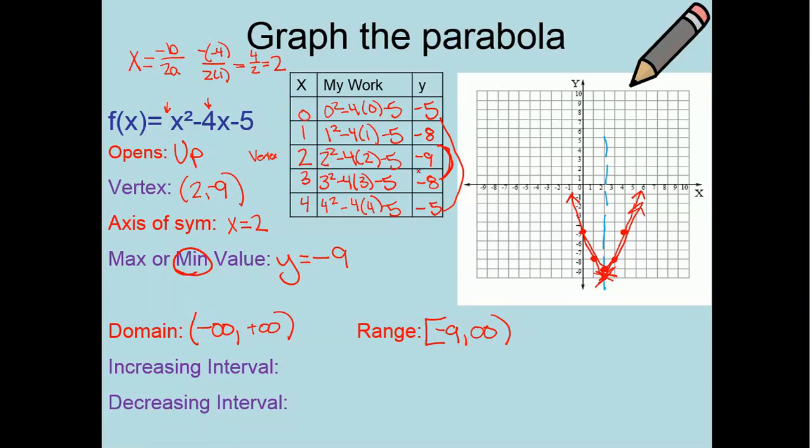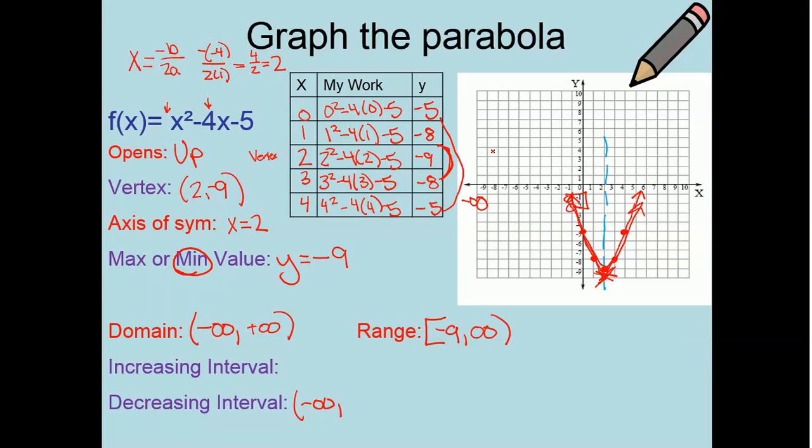Increasing and decreasing. It's coming back again. Remember, we got to think of our car here. Here's my car. So he's decreasing, right? And he starts over here, starting at negative infinity, decreasing. And he stops decreasing at the turnaround point, or the vertex, which is right here. But now you're not going to use your y value, you're going to use the x value.